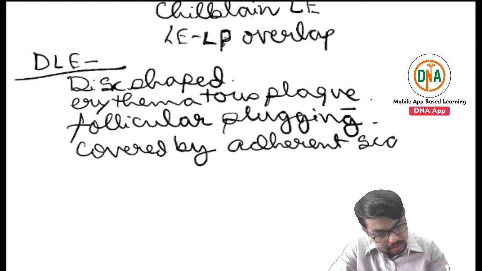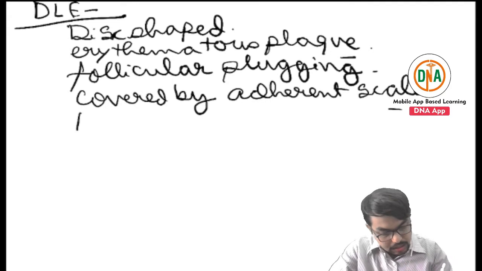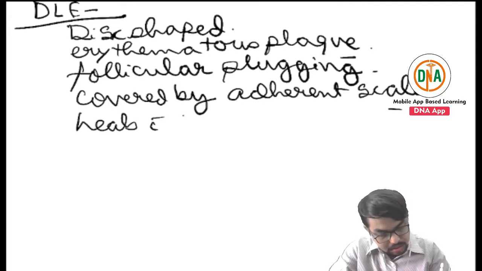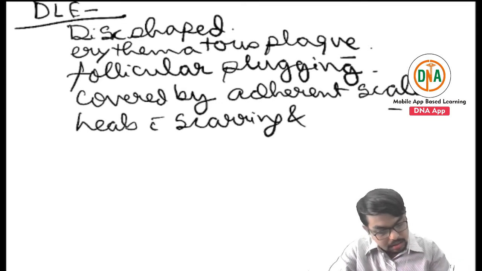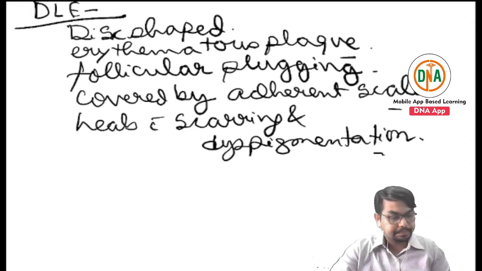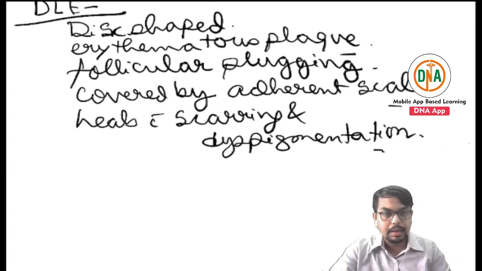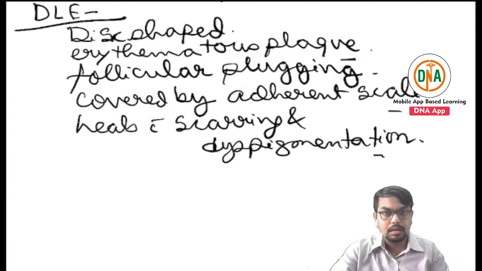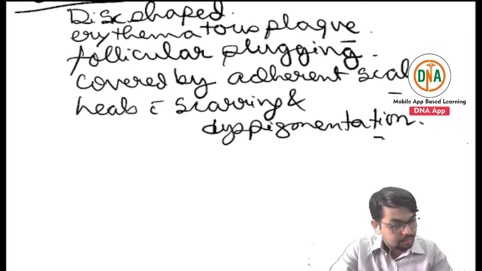They heal with scarring and dyspigmentation. Very often we see scarred dyspigmented plaques. They are the healed lesions of discoid lupus erythematosus. Most often we find this.